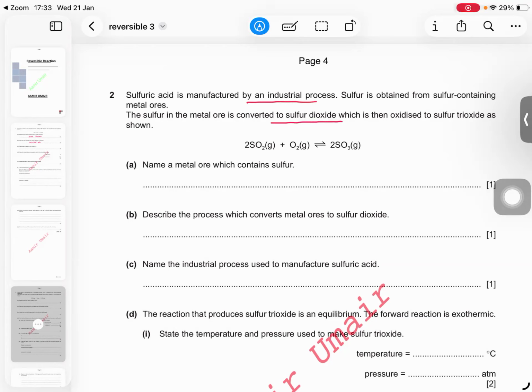Name the metal ore which contains sulfur. I think I made you write two ores. One was copper pyrite. And the second one was zinc blende. Copper pyrite and zinc blende.